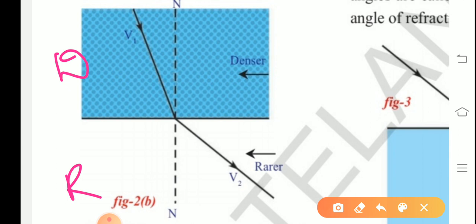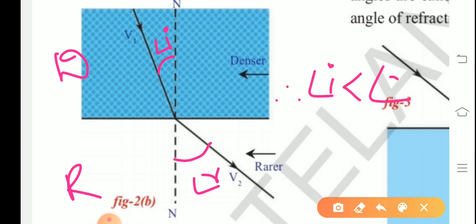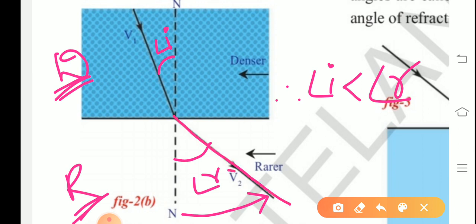As you know, if you find the angle I and angle R, we can say that angle I is less than angle R. So when the incident angle is less than the refracted angle, the refracted ray must bend away from the normal, because the light ray is coming from denser to rarer. So at this condition, the refracted ray bends away from the normal, not towards the normal.